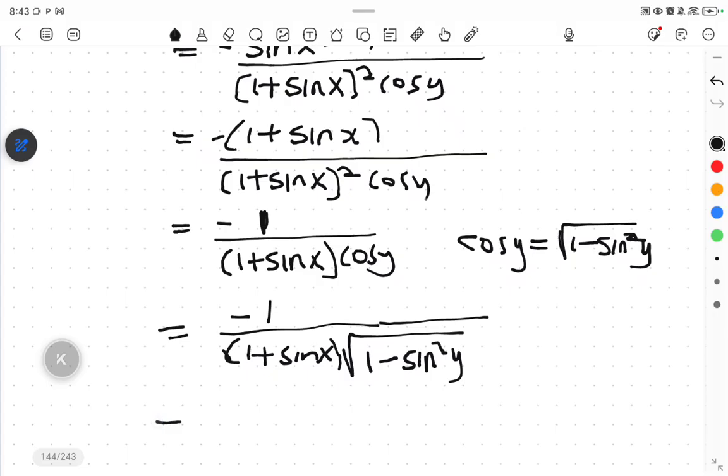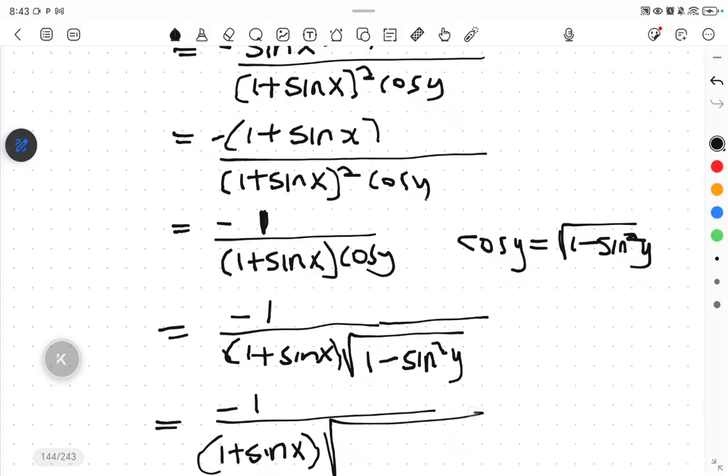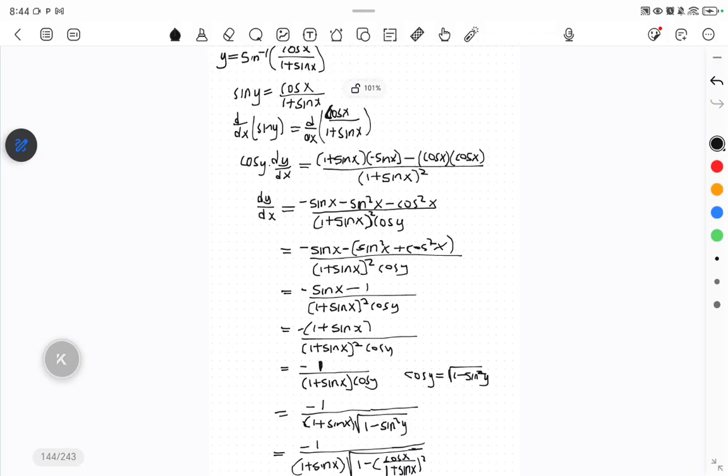This is equal to minus 1 over 1 plus sine x into 1 minus cos x over 1 plus sine x all squared. You see, right?